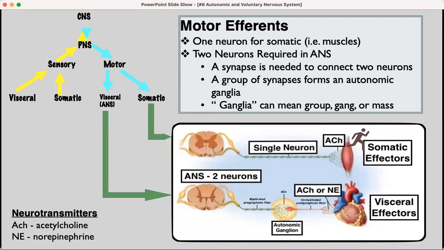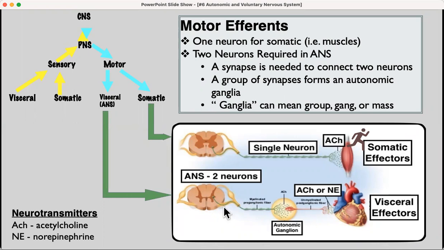And another summary slide just to show you again, efferents going away, exiting away. One single neuron for somatic going to muscles, for example. And then two separate neurons required for the autonomic system. So a ganglia is going to be close to the visceral organs if it's the parasympathetic. It's going to be near the spinal cord if it's part of the sympathetic nervous system.